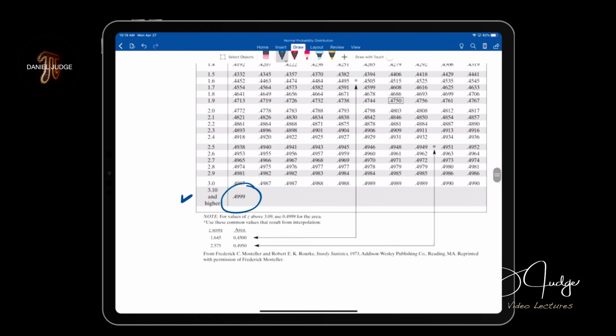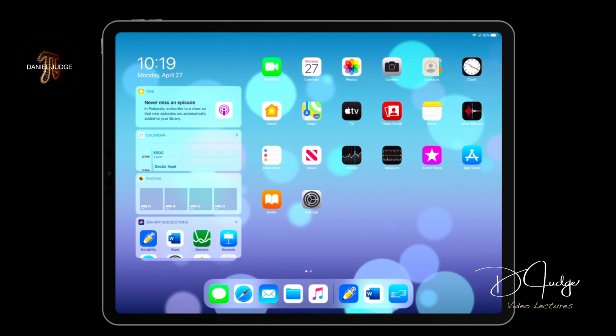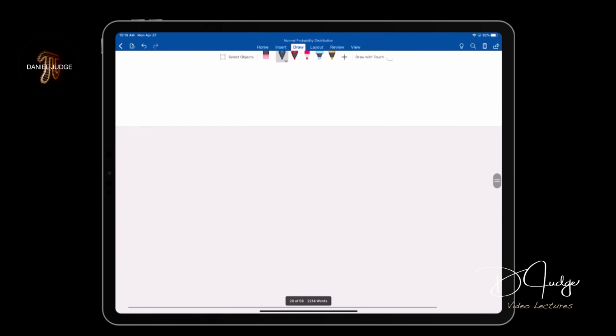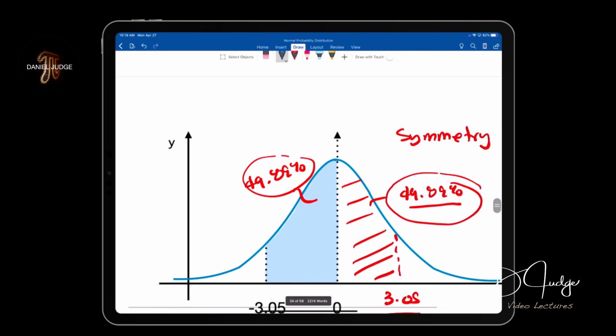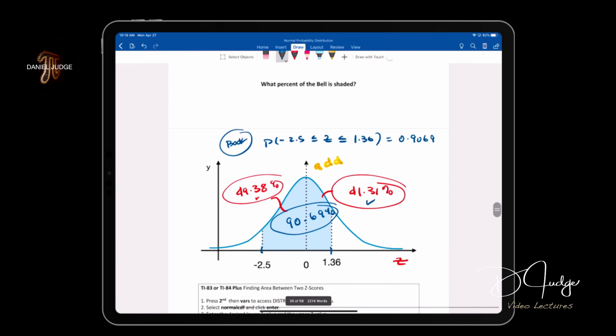All right. So you say, okay, I use that value. Let's go down to where we need to be. 4999. Let's make that smaller.